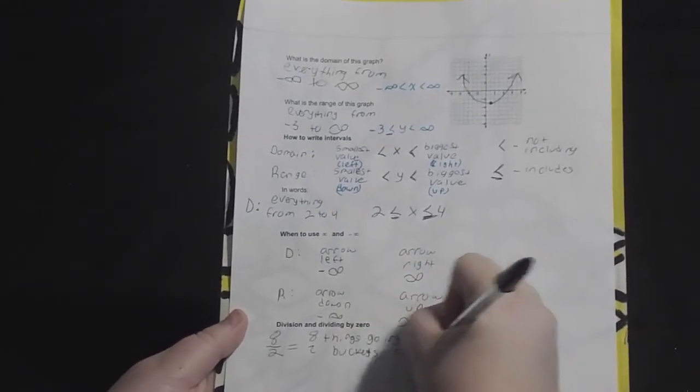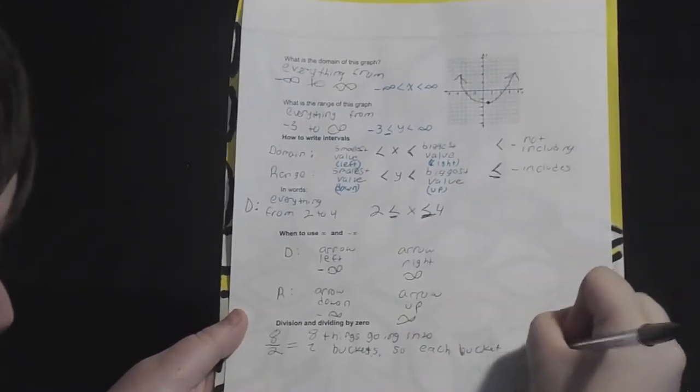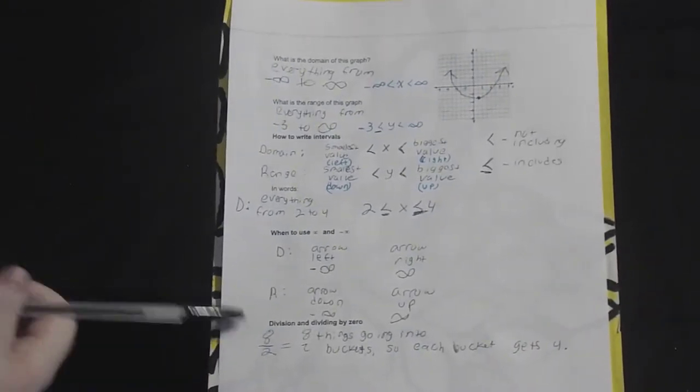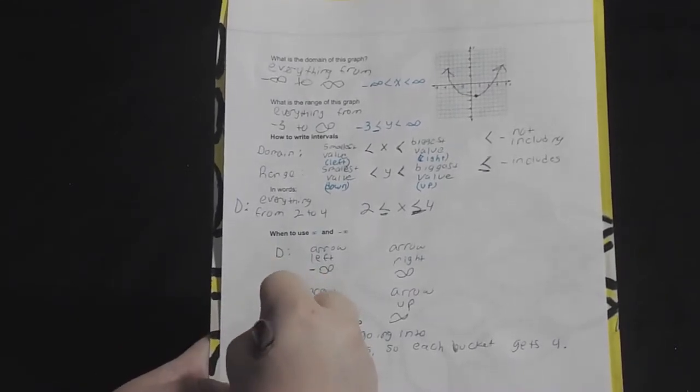So each bucket gets 4. Okay? Because the number on top is how many things you have, and the number on bottom is how many buckets you're dividing them into. So if I have like 8 pennies, putting them in 2 buckets, each bucket would end up with 4 of those pennies. So let's say I have like 0 divided by 2.